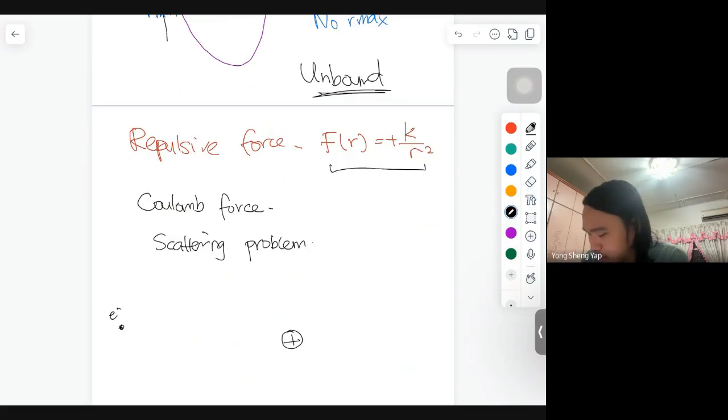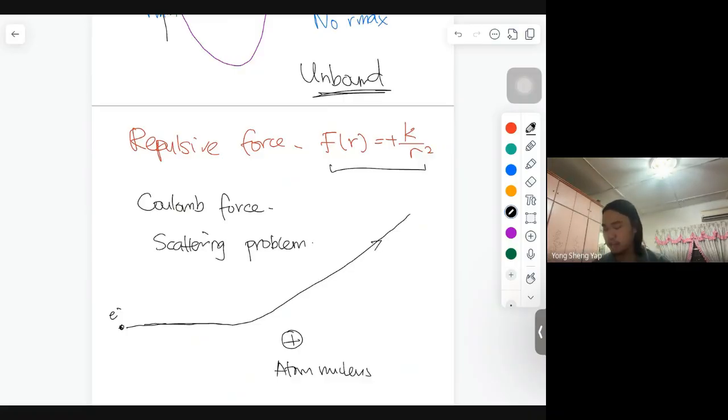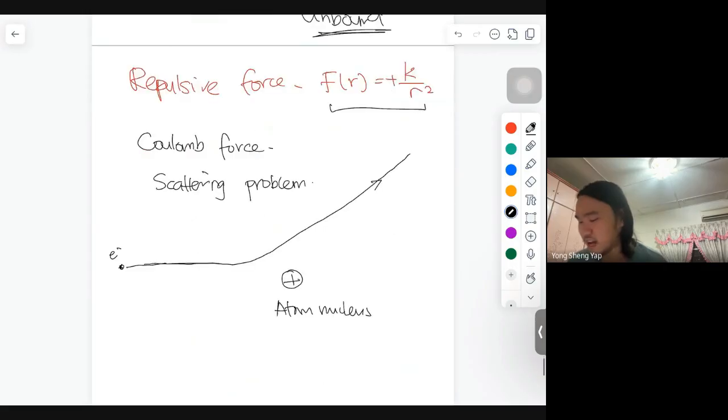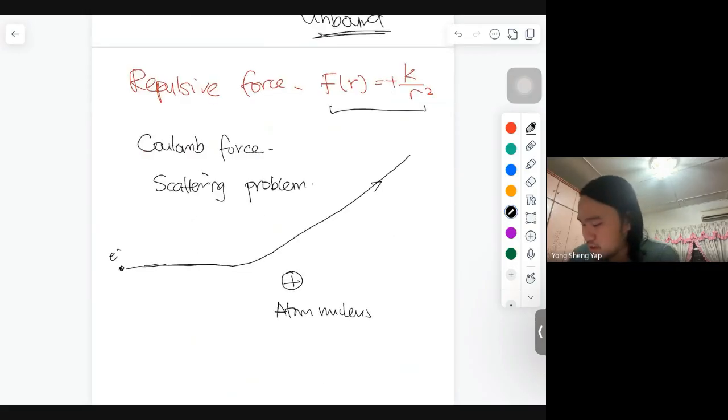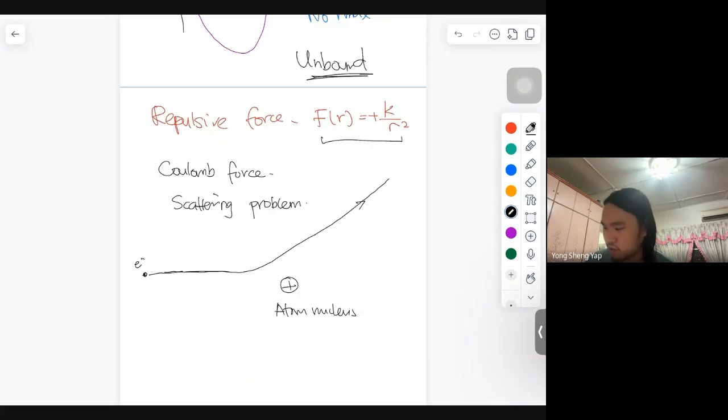As the electron approaches the positive charge, like a proton or an atomic nucleus, the electron basically gets pushed away from the atomic nucleus. The trajectory of the electron is also given by this hyperbola, because again, this is a two-body problem with a mutual interacting force, which is the Coulomb force, something like k Q1 Q2 over r squared.